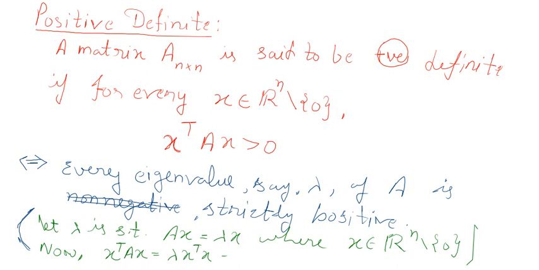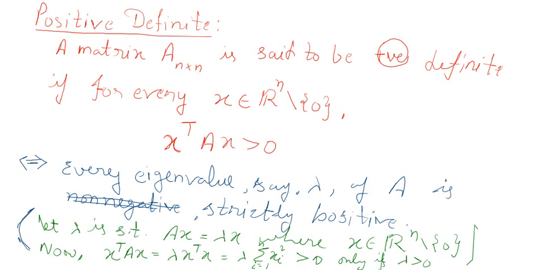Okay, so what is this? This is lambda times the summation of xi square, i equals 1 to n, since it is a dot product, which is strictly greater than 0, which is only possible if lambda is strictly greater than 0. So whenever you consider any eigenvalue of a positive definite matrix, it is always strictly positive.